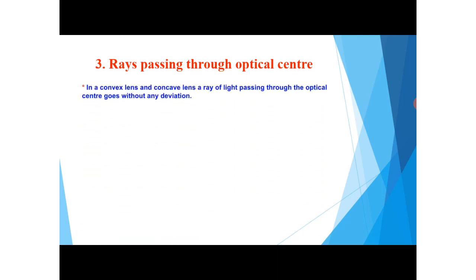So here we are considering the case for the convex lens. We have the two foci F1 and F2 and the light ray is passing through the optical center, that is O, and going straight.